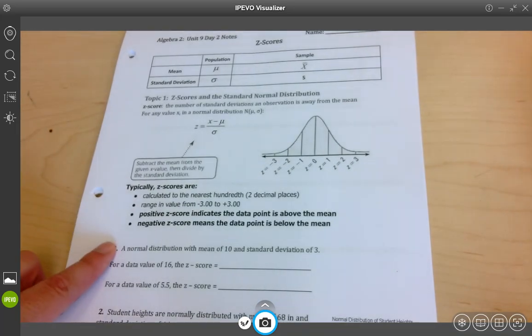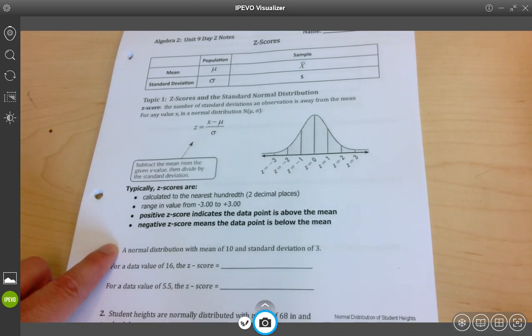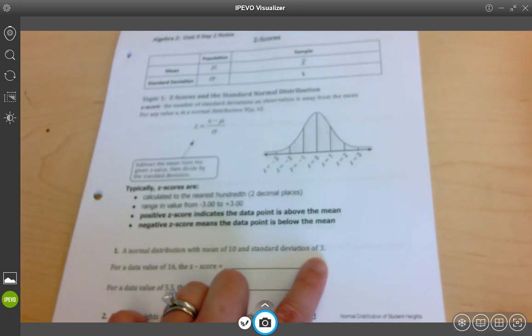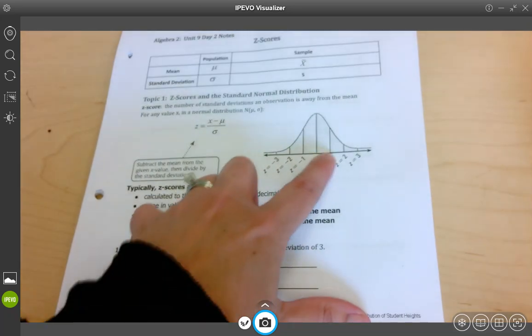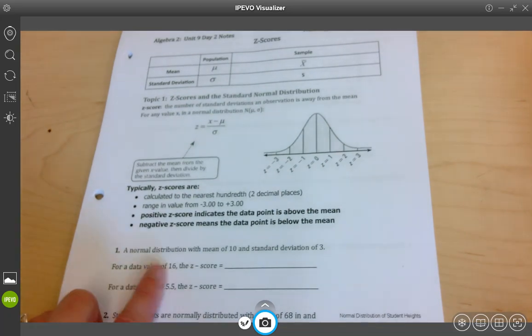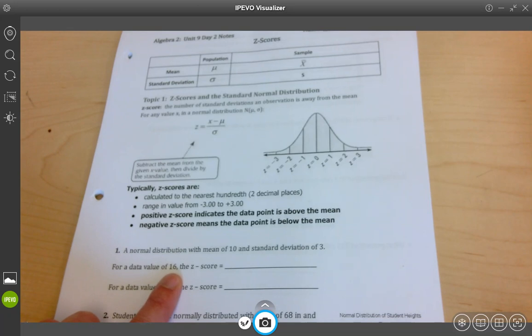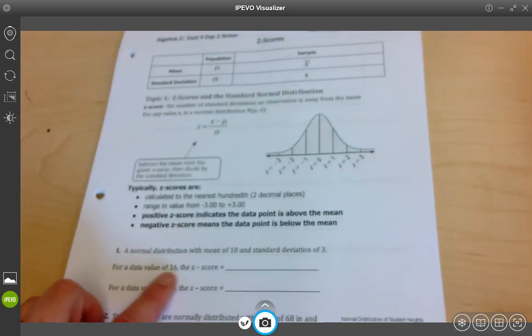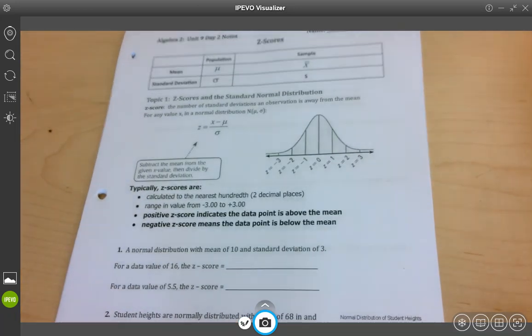All right, number 1, if you have normally distributed data that has a mean of 10, so 10's in the middle, and a standard deviation of 3, so each of these lines is going to be 3 above or 3 below 10. If you have a data value of 16, say it was a quiz, and the mean for the quiz was 10 and the standard deviation was 3, if you got a 16 and you wanted to know your z-score, you can use this formula.